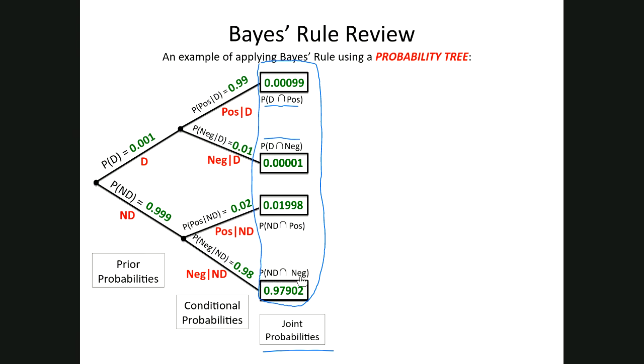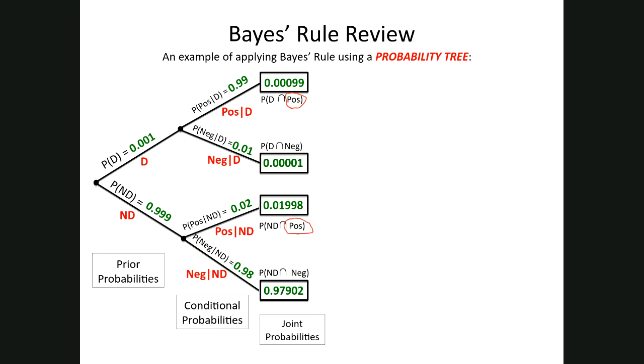Now what I want you to try to see next is in how many situations does a positive test occur? Well, there's 2 cases where a positive test occurs. And those 2 situations are here and here.